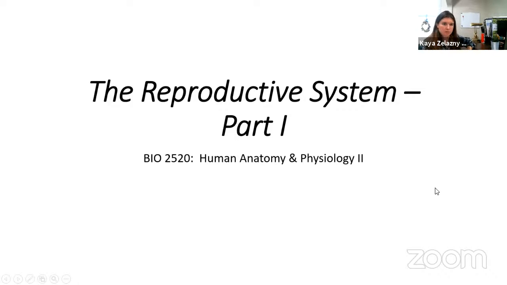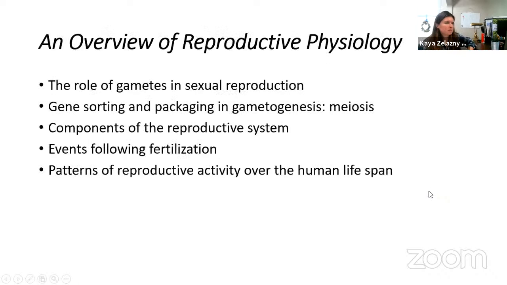Okay, so first thing we want to get straight about our reproductive system is just a basic view of what it is, what are the general things that are going to be true about both the male and female reproductive system. What are some of the factors we want to be thinking about? So we want to be thinking about terms like gametes, terms like sexual reproduction. We're not going to relearn meiosis, but we want to jog our memories and remember that meiosis is a type of cell division that exists.